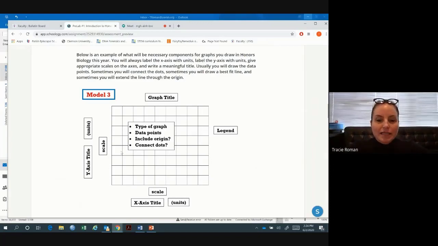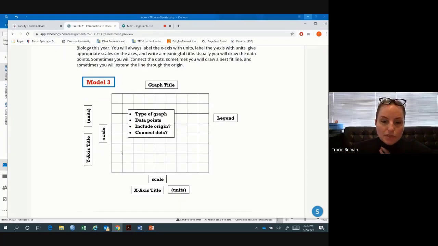All right, now then what you see here is what you need to make sure that you do when you make a graph. Your graphs will be a big part of your data analysis grades, because graphs are incredibly important.